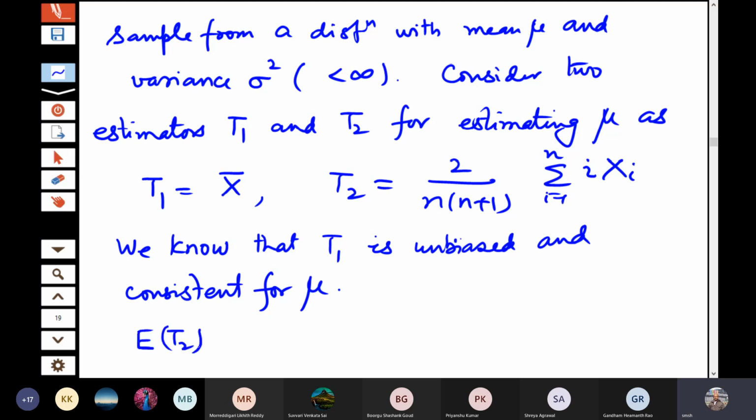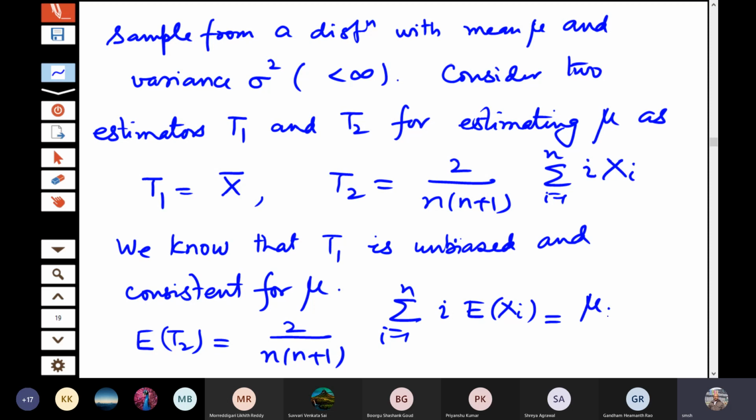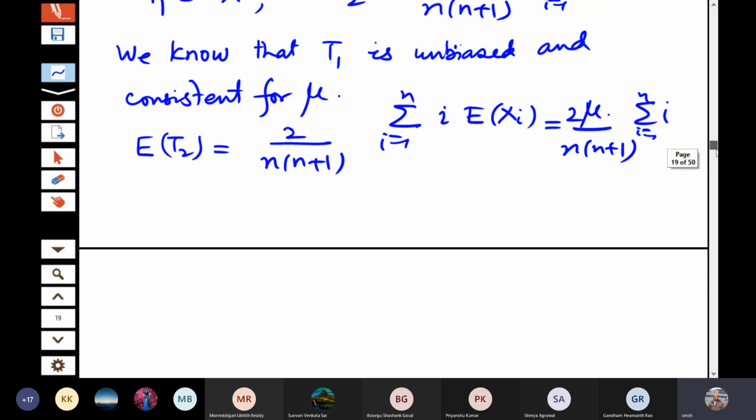If I consider expectation of T2, then it is 2 by n into n plus 1, sum over i is equal to 1 to n of i times expectation of xi, which is mu. So mu, then 2 by n into n plus 1 times the sum of i. Sum of i is n into n plus 1 by 2, so this whole thing cancels out, so you get only mu. So T2 is also unbiased.